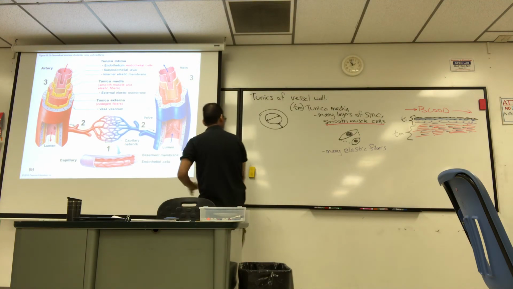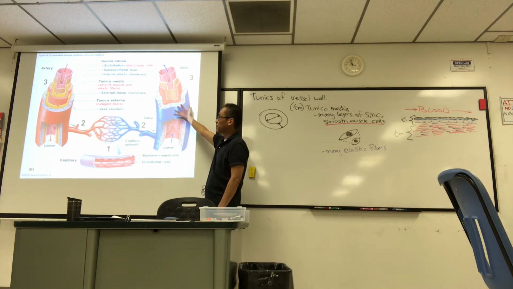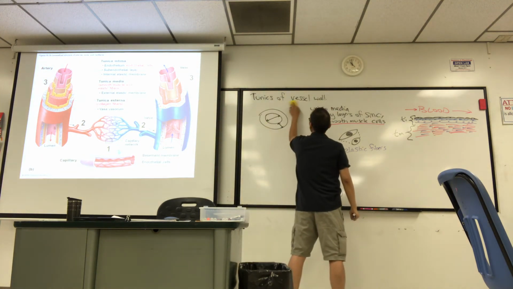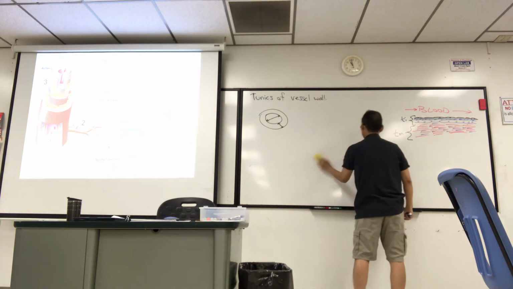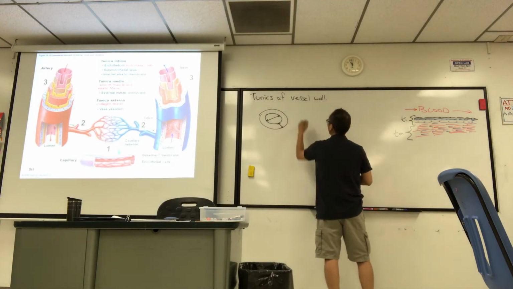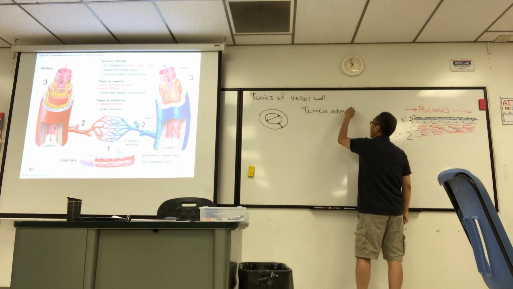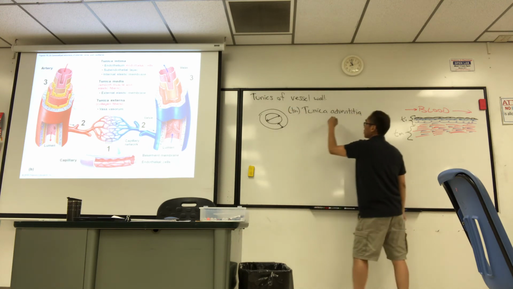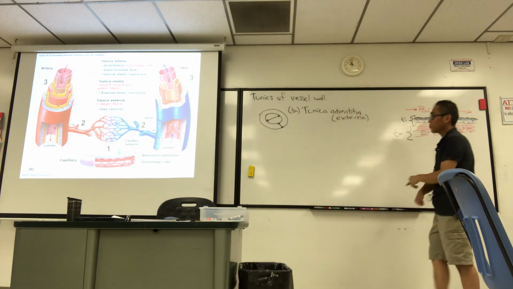Okay, so moving on from TM to, if you're a large vessel, you also have the TA, okay, the outer layer. That's tunica adventitia. You can go with tunica externa, then you have to call it TE, but I usually stick with TA.